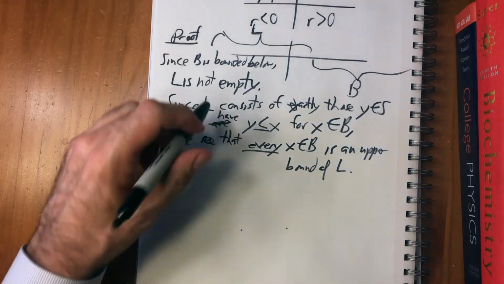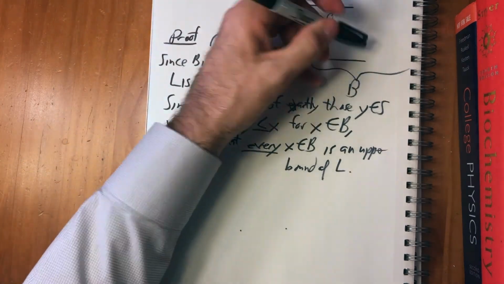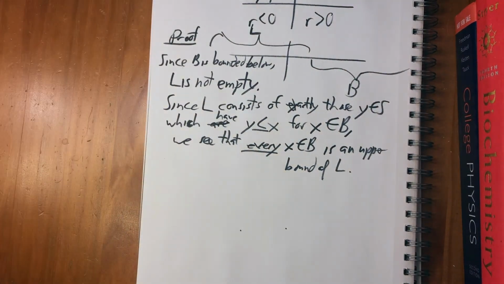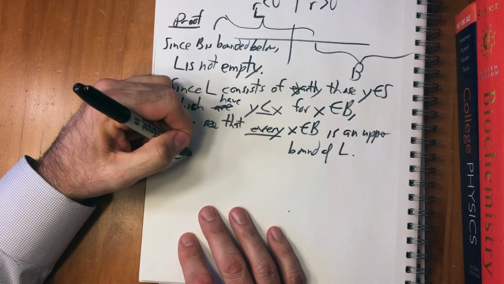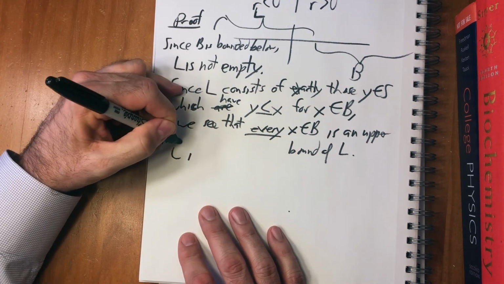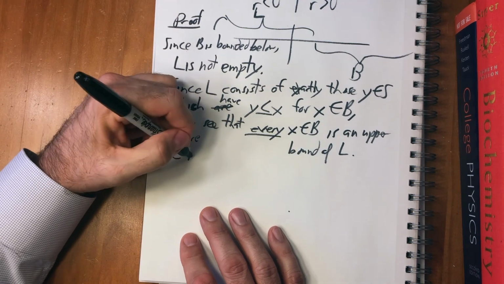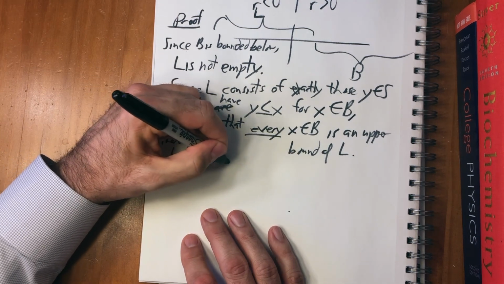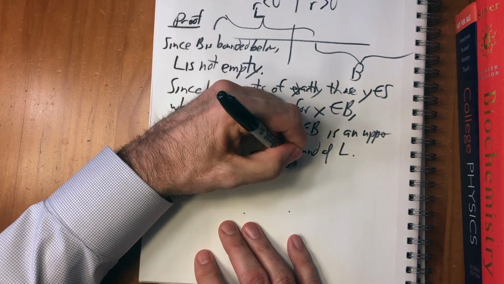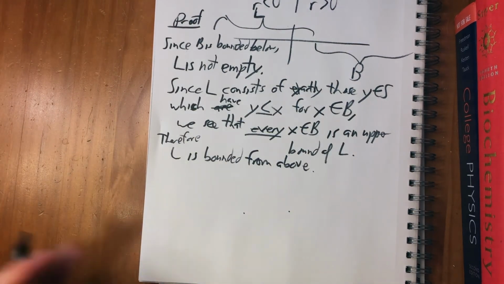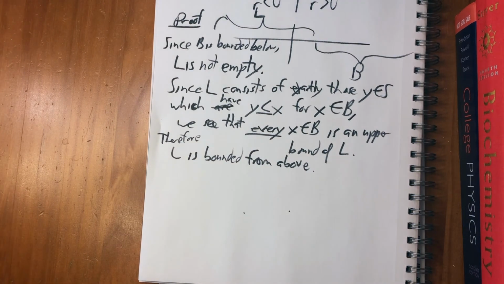So we just established that if this is all the lower bounds of B, this is all the upper bounds of L. So just to state the obvious once again, therefore, L is bounded from above, namely by everything in B.